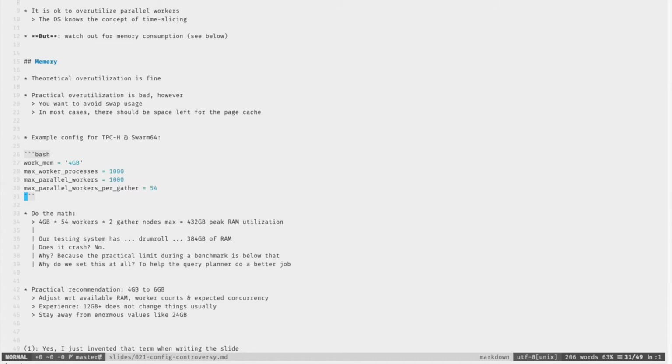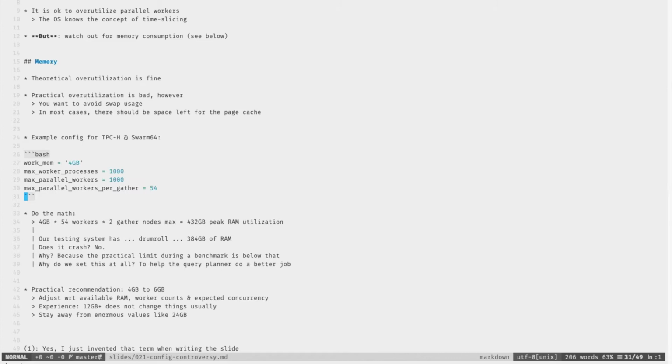Now, this is unfortunately a bit away from reality, because just because you give it 4 gigabytes of planning room, so to speak, per worker, by the way, it's not necessarily going to use those 4 gigabytes. And that again circles back to the recommendation of starting with, for instance, 1 gigabyte and seeing how your query is doing.